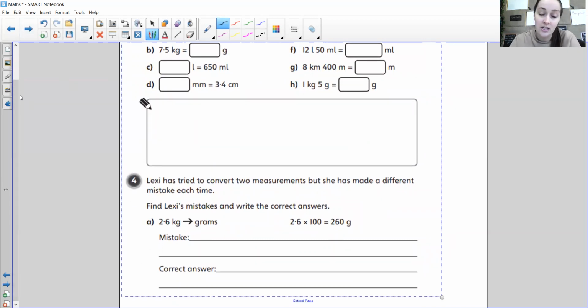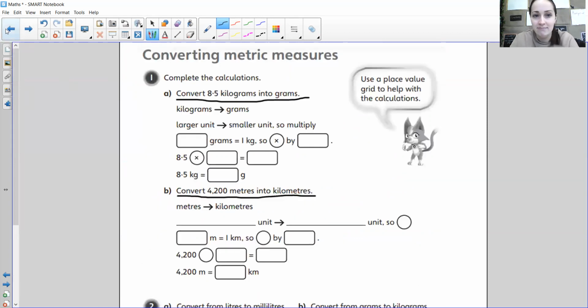So Lexi has tried to convert 2 measurements, but she's made a different mistake each time. Find Lexi's mistakes and write down the correct answers. In fact, we're only going to do one measurement. So she's got 2.6 kilograms and she's turned it into grams. So she's done 2.6 times 100 is 260. So can you tell me what her mistake is? And then can you tell me what the right answer would be? Lovely.